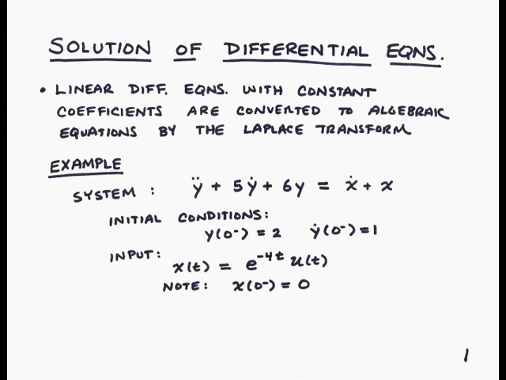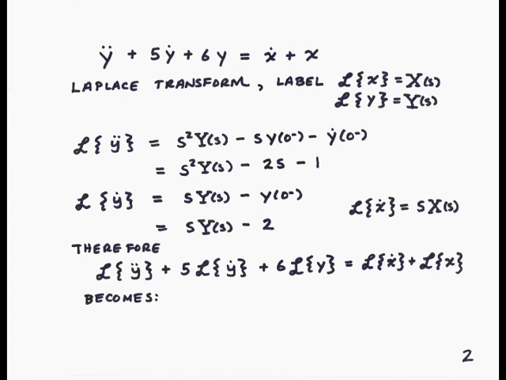The input x is e to the minus 4t u of t, and we'll note that x at time 0 minus is 0, since x of t is causal. It should be noted that the problem we're tackling has both an input and initial conditions.